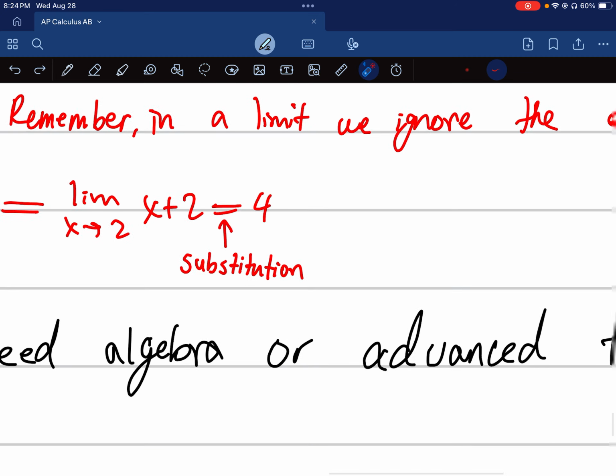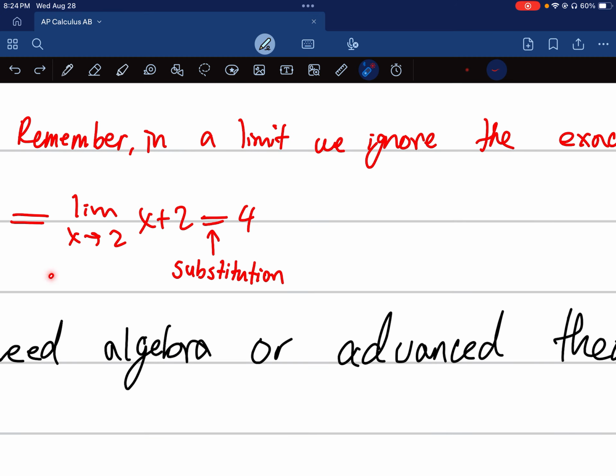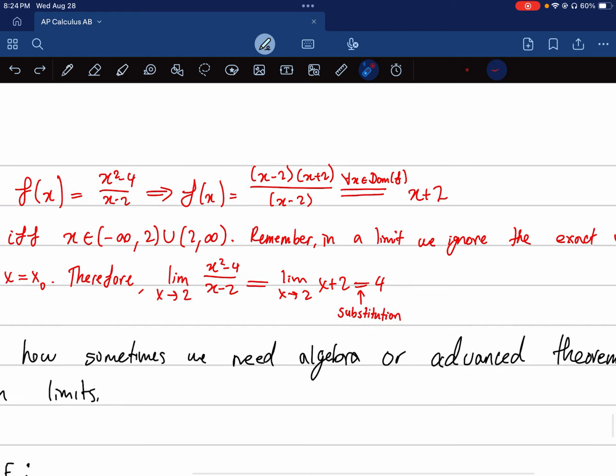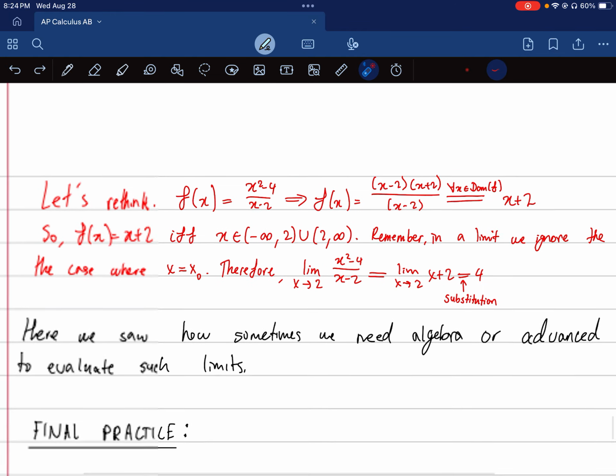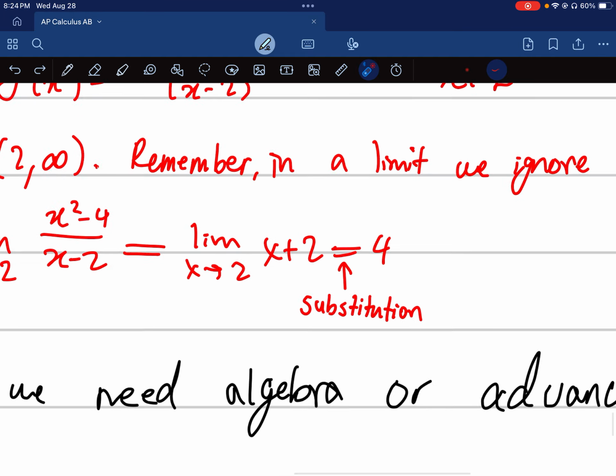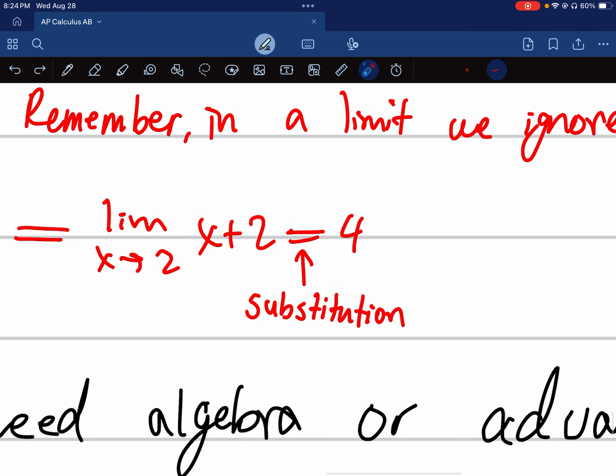And while again this may seem counterintuitive because now we're plugging in 2, and we just said that this only works if x does not belong to the domain of f, this is actually after the simplification step, and this is totally acceptable in limits because we're just saying that as x does approach 2, we can plug in 2 and we'll get 4.